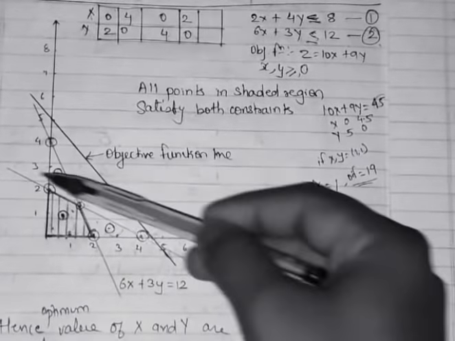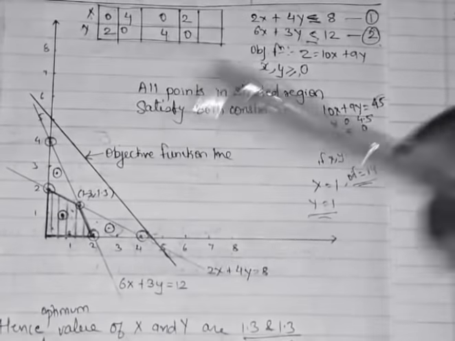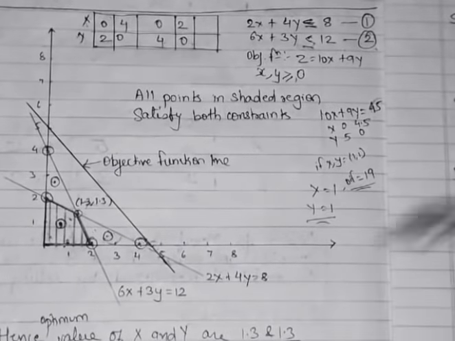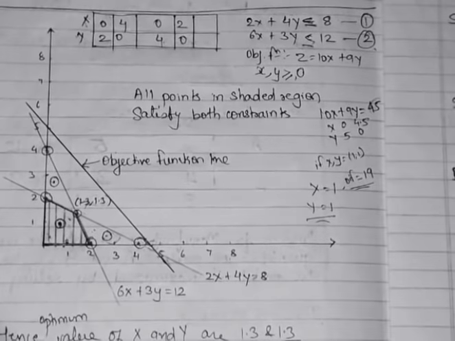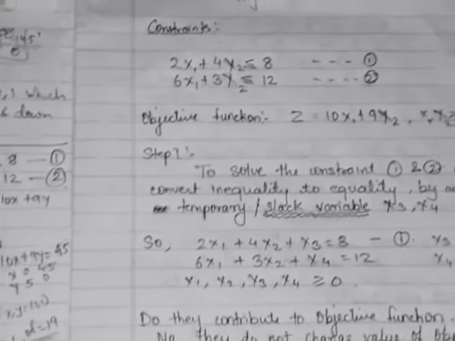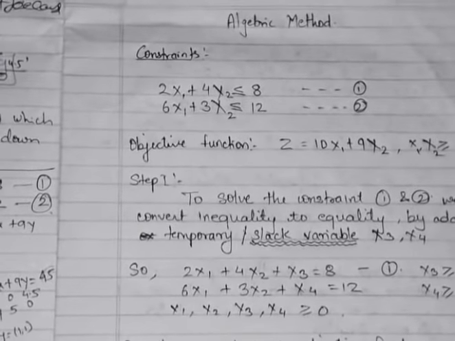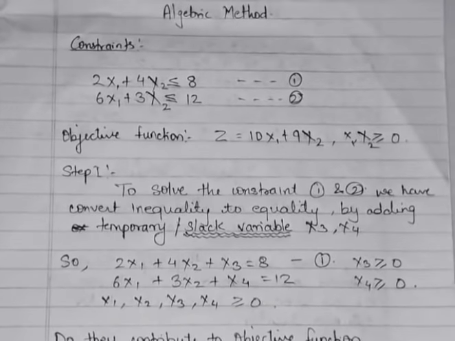But that these two lines intersect, I know only because I have drawn the graph. If I am not drawing anything, how will I know that this is the optimum point?